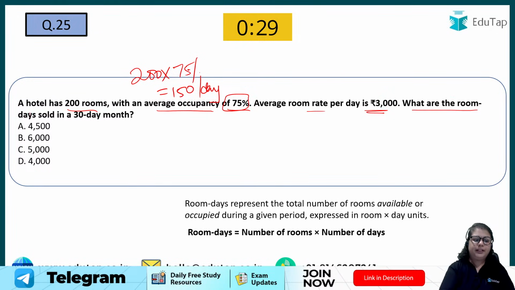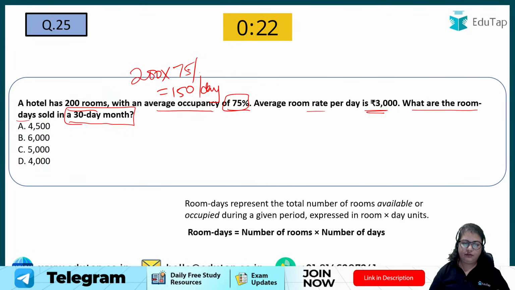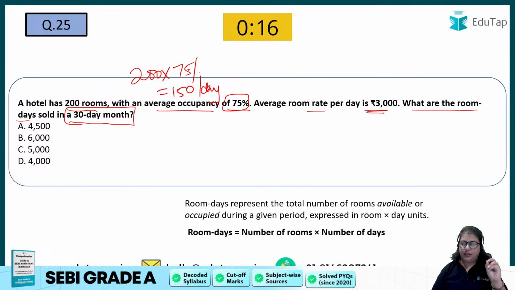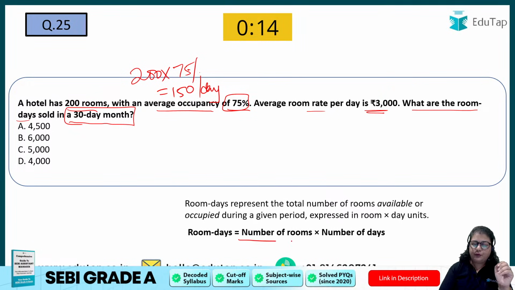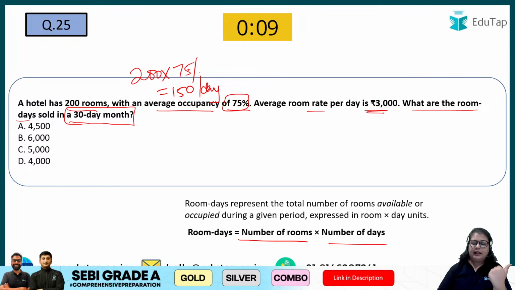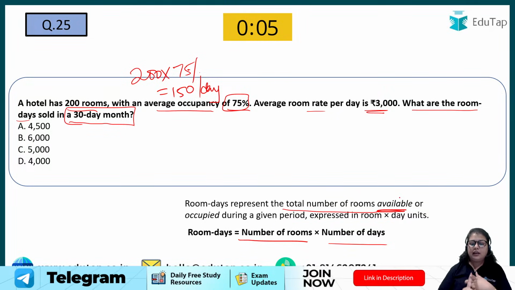What are the room days sold in a 30-day month? So in a month there are 30 days. In one day 150 rooms are being occupied. So how do you calculate room days? It is number of rooms into number of days. ठीक है? What does room days represent? It represents the total number of rooms available or occupied during a given period, right?